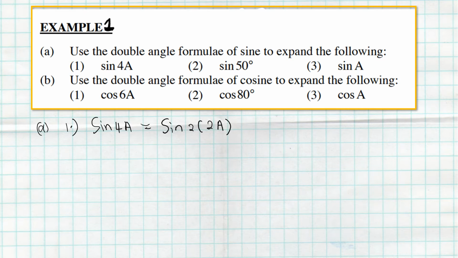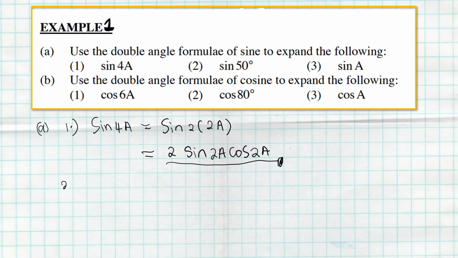So that I can just show you that this is a double angle formula. So then we can change it: for sine, we multiply by 2, then we write sine cos, and we divide the angle by 2, then we'll be left with 2a and 2a here. Can you see? Then we've expanded it using the double angle formula for sine.